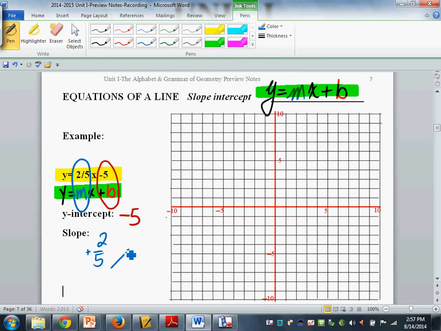Notice it's a positive line, so immediately sketch a little baby line that's positive, so you know that line's going to tilt up from left to right. To graph this, all we do is we plot the -5 on the y-axis, so trace the y-axis. Now plot -5 right there.